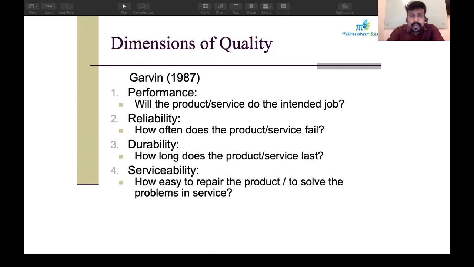So let me take you a television example now. You buy a television and within 1 month of buying this television, you're having some problems related to the screen, display screen. You're having some problem related to the buttons over there, the sound quality over there, but the product is not dead. It's working, but it's not working properly.